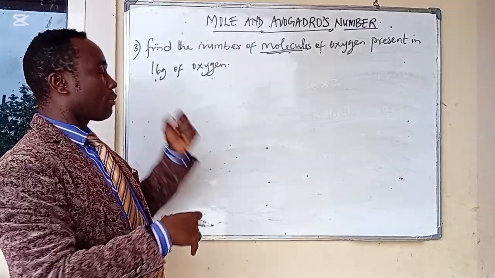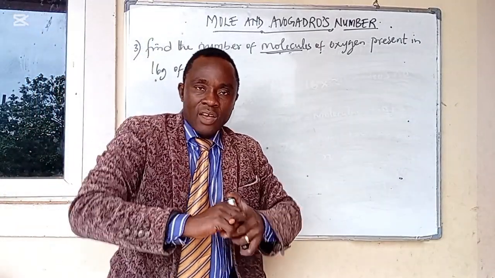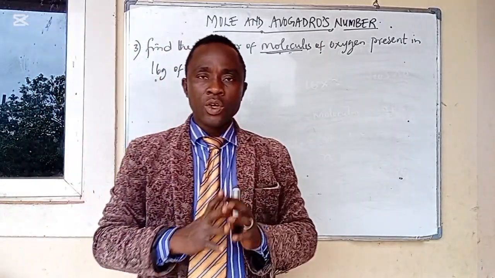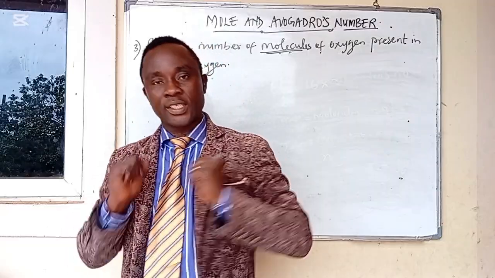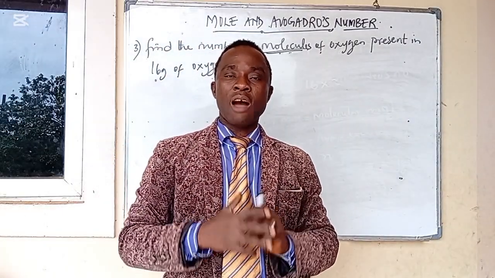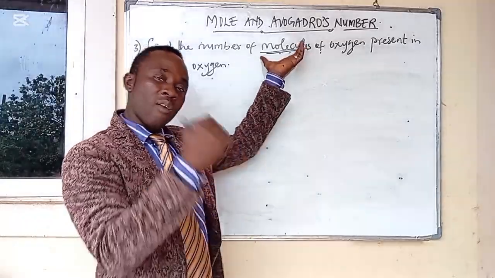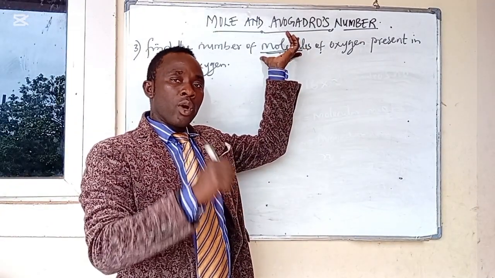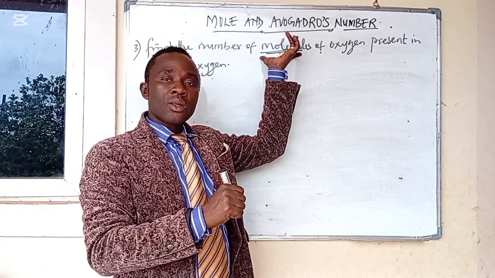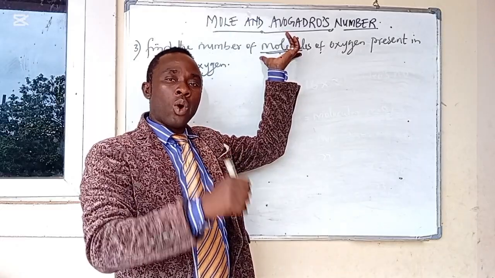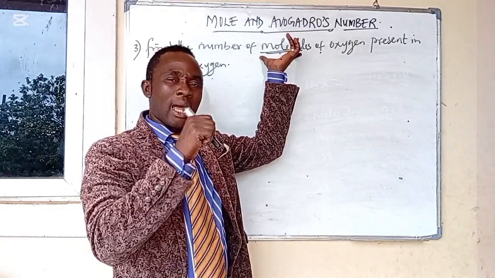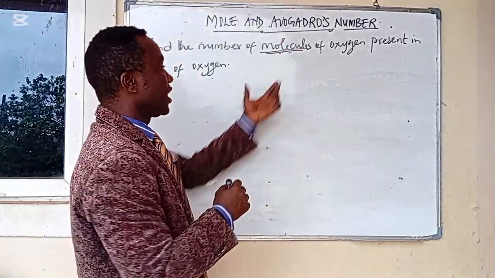The same 16 gram of oxygen. But when they say find the number of atoms, we use the atomic mass to equate the Avogadro's number of atoms. Now, because they say we should find the number of molecules, what we are going to use to equate the Avogadro's number is the molecular mass, because oxygen exists as a molecule.